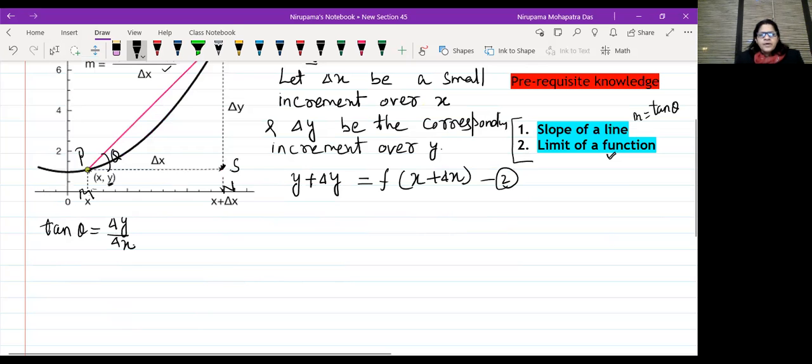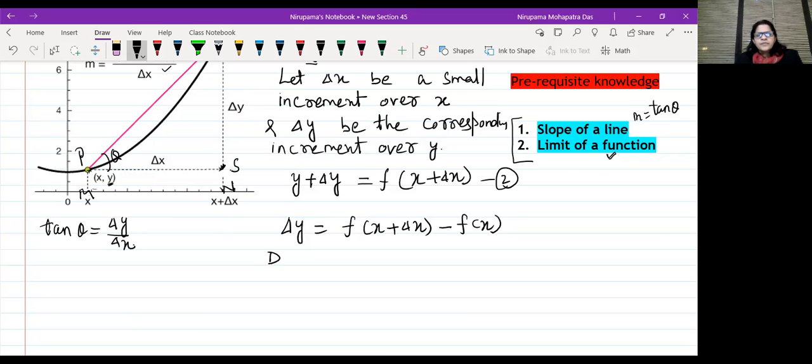So here delta y equals what? Delta y, we are subtracting 1 from 2. So y plus delta y, in the first equation we have taken y equal to fx. So delta y equals f of x plus delta x minus fx.